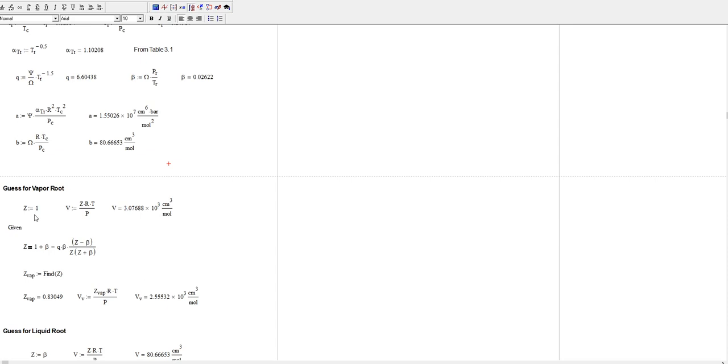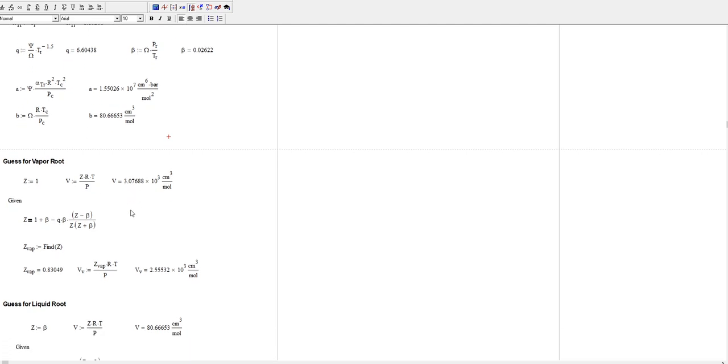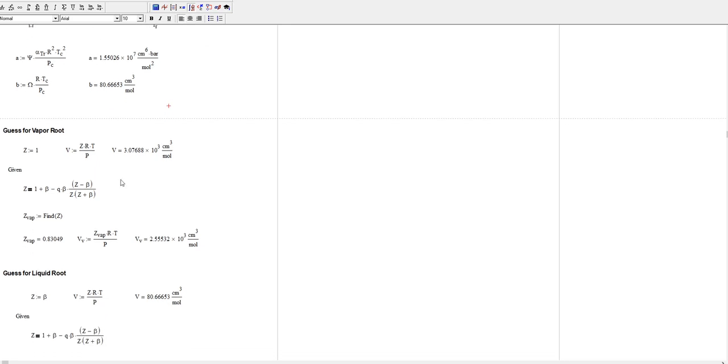But the first thing we have to do is make a guess for the vapor root. For the saturated vapor, the best guess is an ideal gas, just like we did for Excel. So I guess Z is equal to 1, and then we calculate V from that first guess, exactly like we did in Excel.